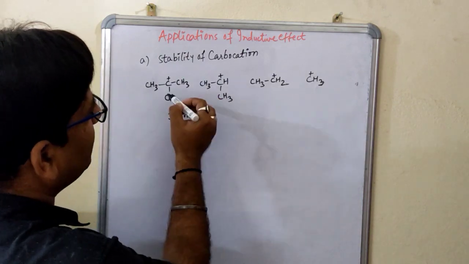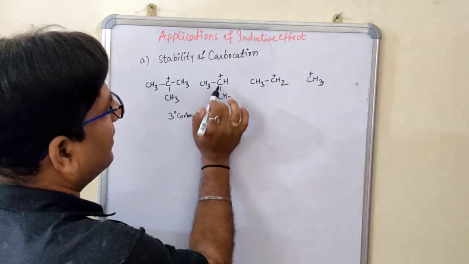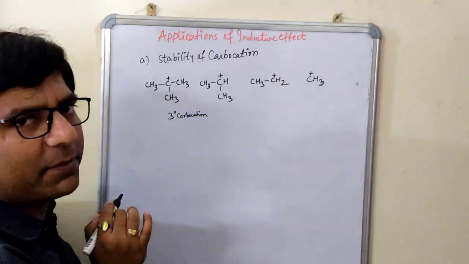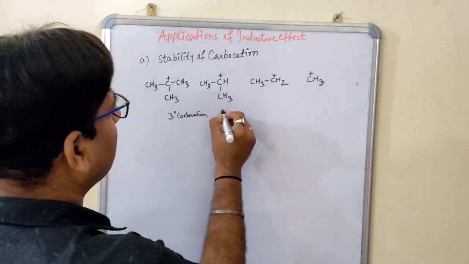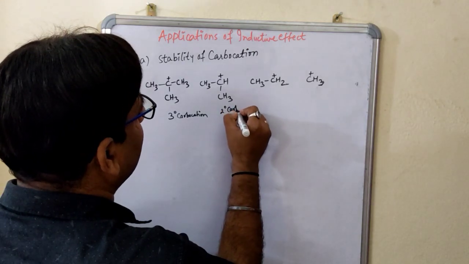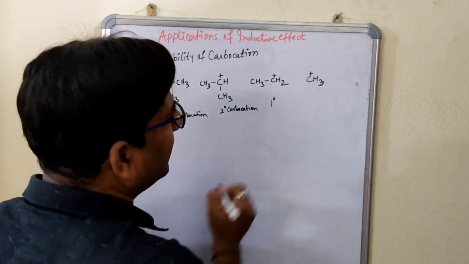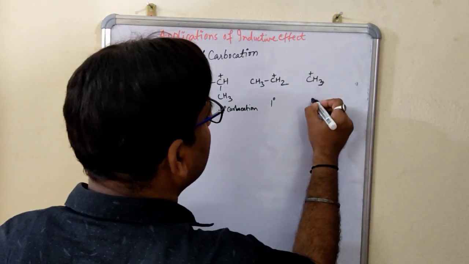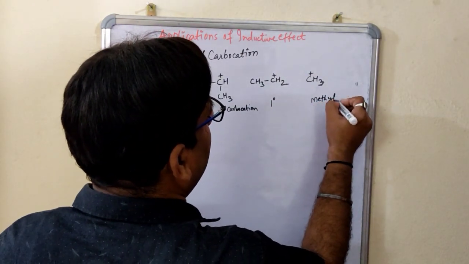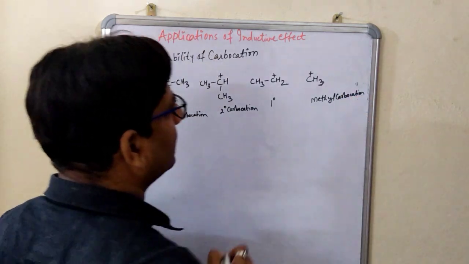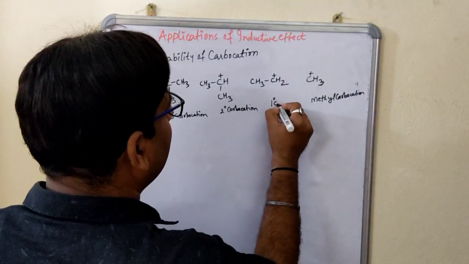Now this is again in the same way: carbon bearing a positive charge, having 2 carbon atoms directly attached to it. This is a 2 degree carbocation. In the same way, this is 1 degree. And this is the methyl carbocation. Clear?